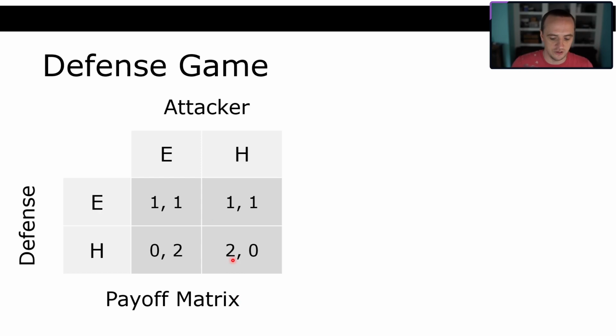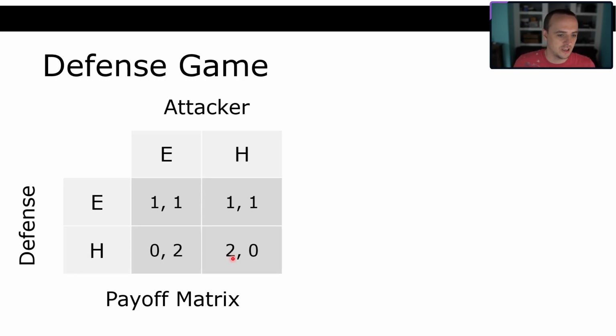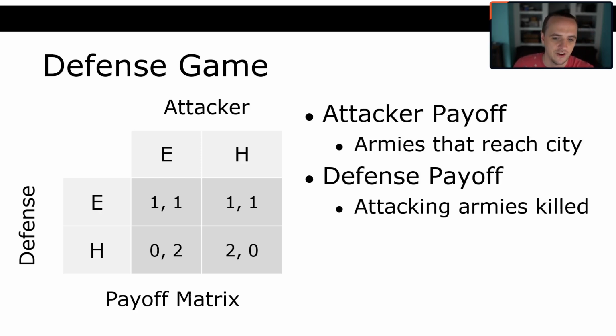But if I defend hard and they attack hard, then one of their armies is lost because it's the hard path, and another is lost because I killed them, because we met. So in that case, I've killed 2 of their armies, and 0 of their armies have made it into the city. So the attacker payoff is the armies that have reached the city. The defense payoff is the attacking armies killed.